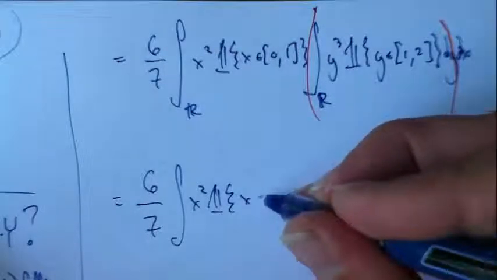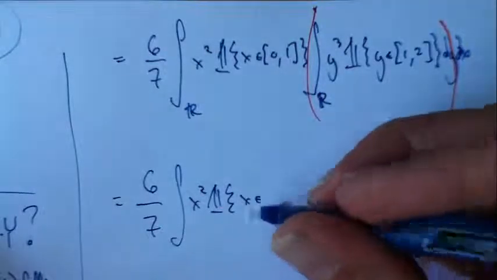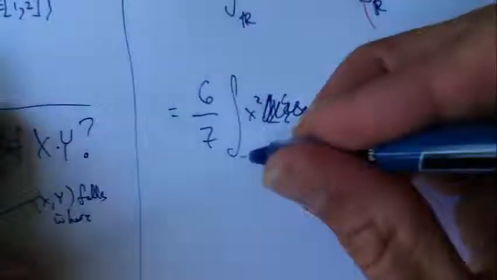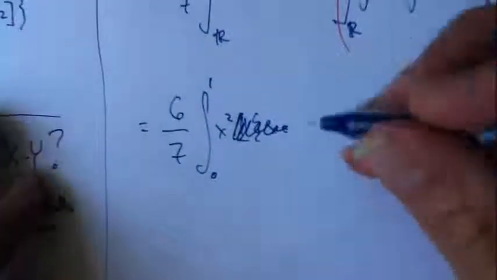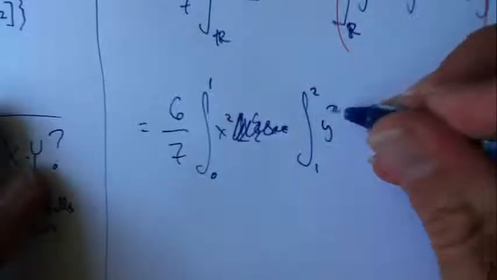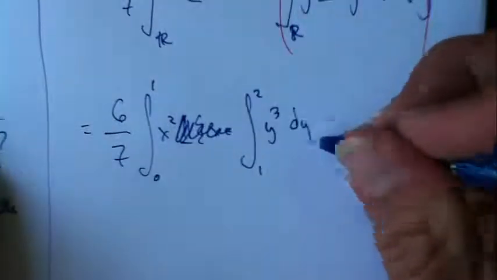I don't need the indicator functions, just go from 0 to 1 there, times the integral from 1 to 2 of y cubed dy dx. There we go. That's all you need.